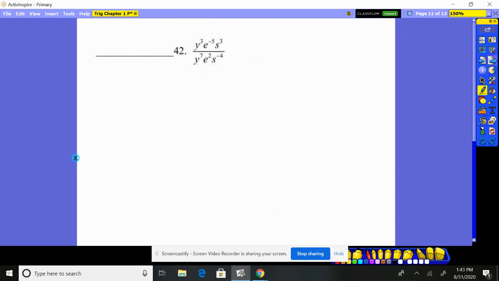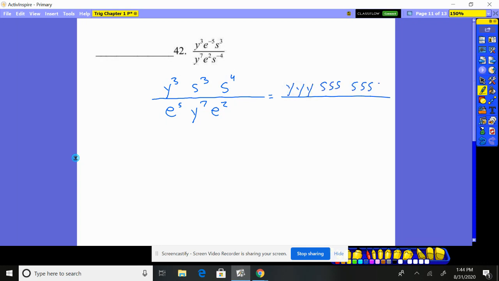A few more. So this one, we're just wanting to clean it up. Y to the 3rd stays. E to the 5th is going to move down below. S to the 3rd stays. Y to the 7th stays down below. E to the 2nd stays down below. S moves up top. Now when we look at this, we have Y, S, S, S, S, S, S, S. In the bottom, E, E, E, E, E, E, E. All right, I had enough room.